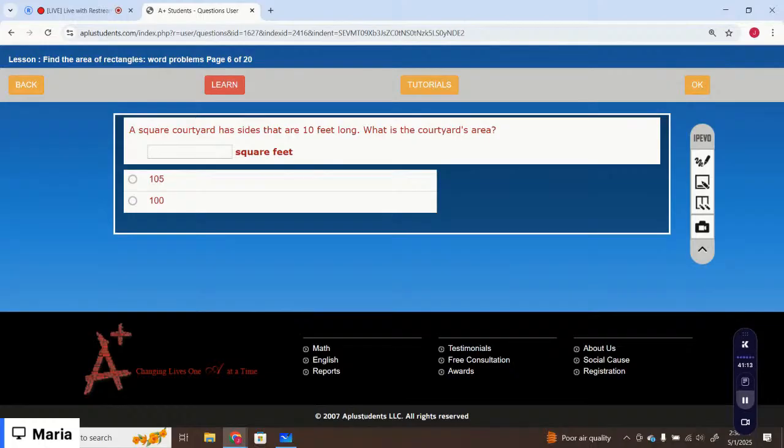That is 10 times 10. Option number 2 is the correct option. 100 square feet it is. Very good. Okay, you can complete the lesson by yourself later today. Let's just move on to the next lesson.